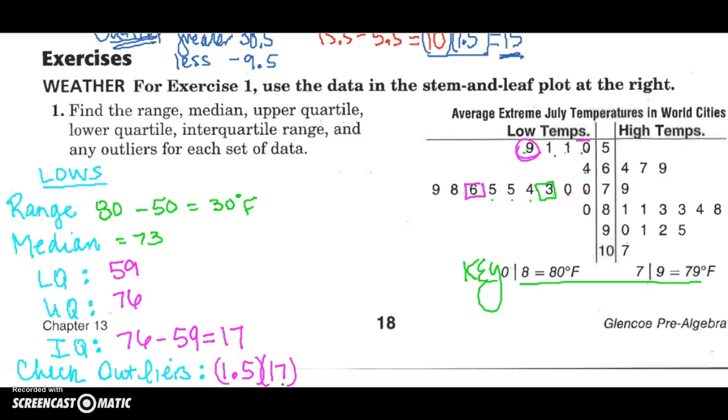Let's see if we have any outliers. 1.5 times 17 is 25.5. So when you add 25.5 to 59, this will be me testing it. Test for outliers. 59, excuse me, that's the lower quartile, so subtract 25.5 and you get 33.5, and I didn't have any numbers less than 50, so there's no low outliers.